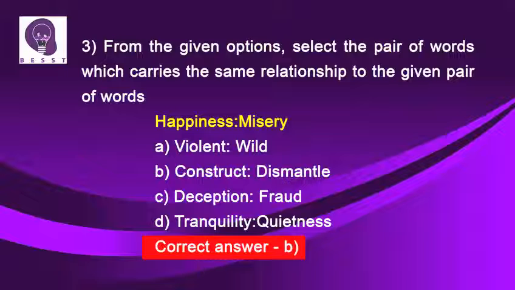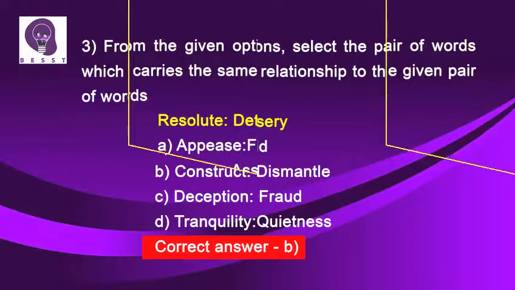Deception means cheat, fraud also means cheat. So this is also not correct. Option number D, tranquility is to quietness, and tranquility also means quietness or silence. So they are similar in meaning. So from the given options, the correct answer will be option number B, that is construct is to dismantle.